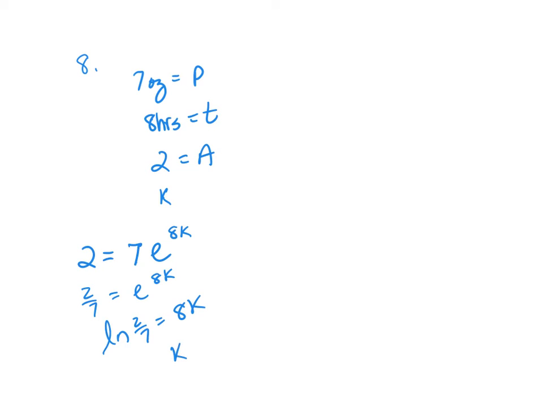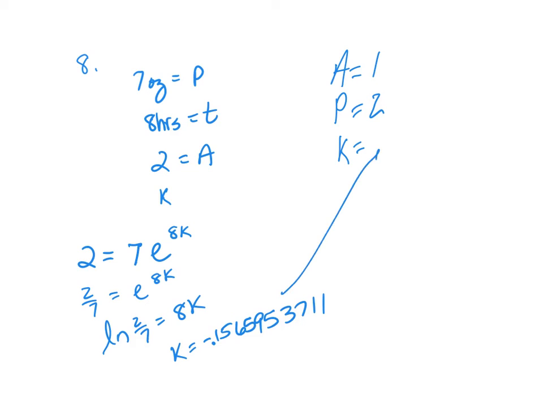And k is this ugly number right here. Wait, so why'd you put a 2 there? So when we find the half-life, our ending balance is 1, our beginning balance is 2, and our k is that number down there. So we just need to find t.